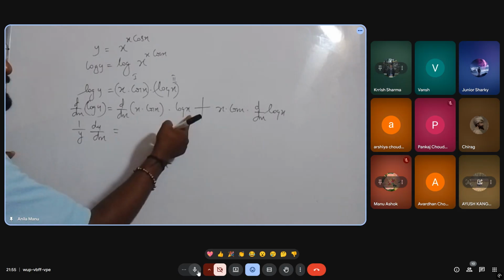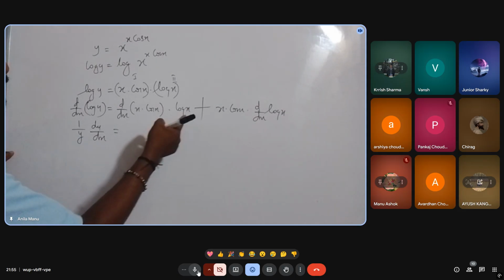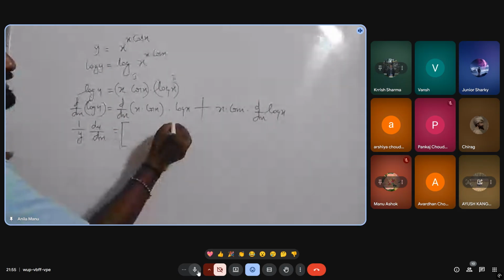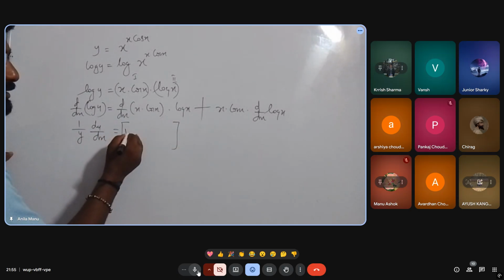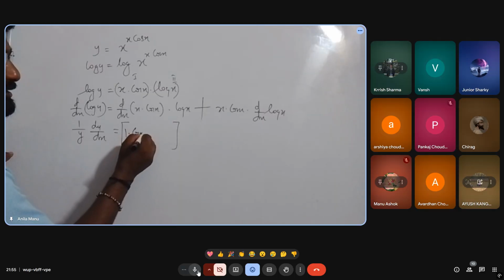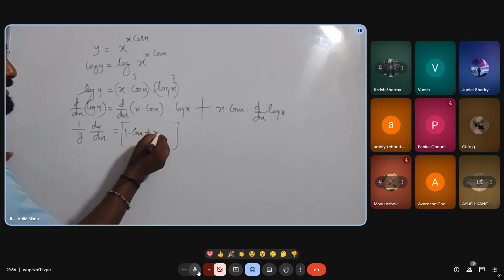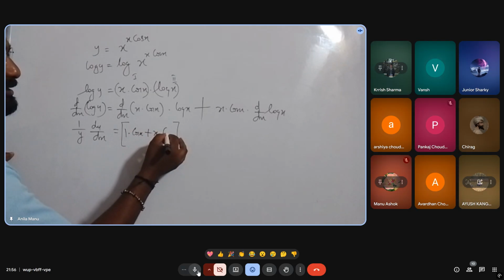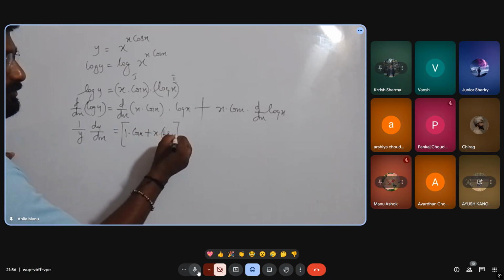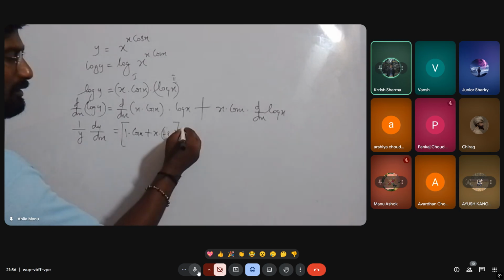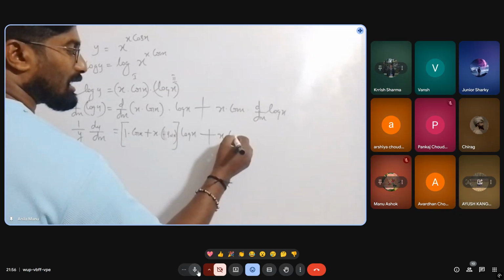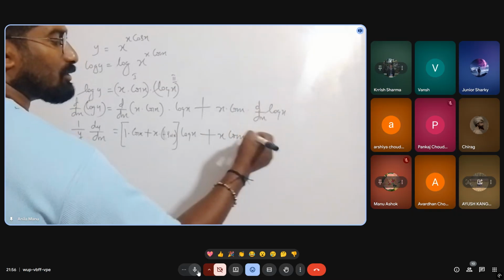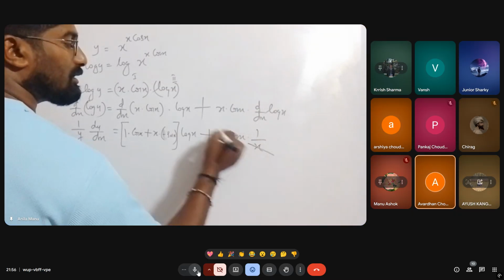When you apply the product rule, log x is common for everything, that's why you must write it in brackets. So the derivative of x is 1 into the second function cos x, plus the first function x into the derivative of cos x, which is minus sin x, multiplied by log x, plus x cos x into the derivative of log x, 1 by x. These two cancel.